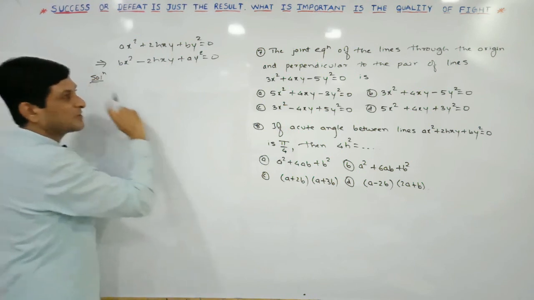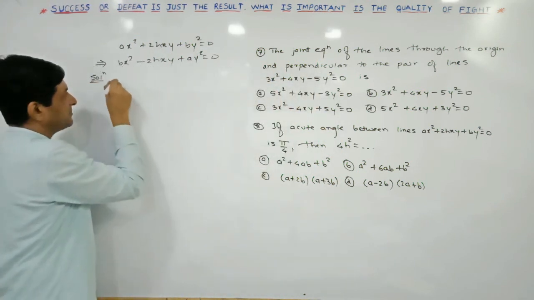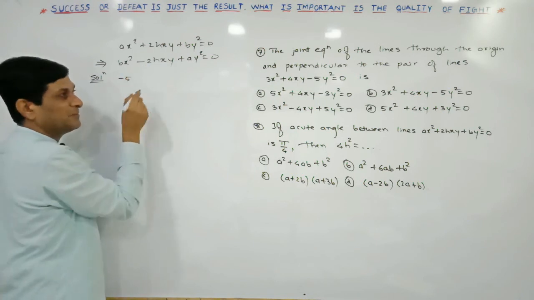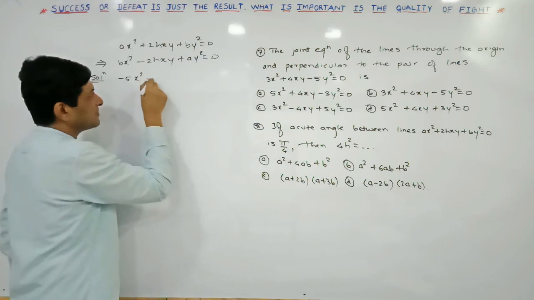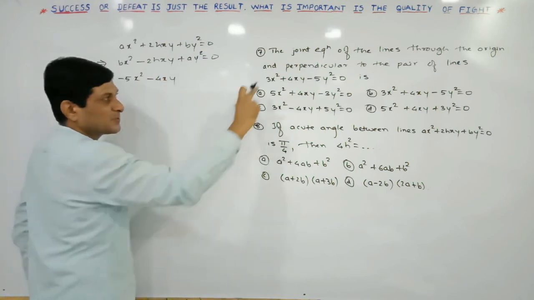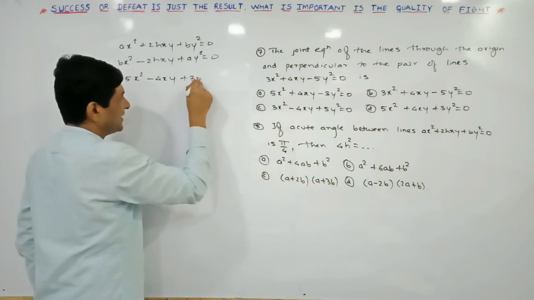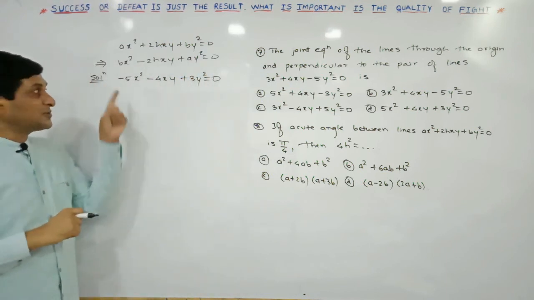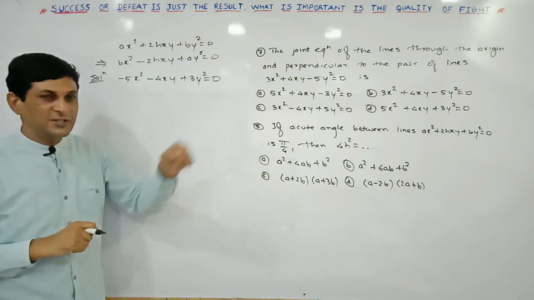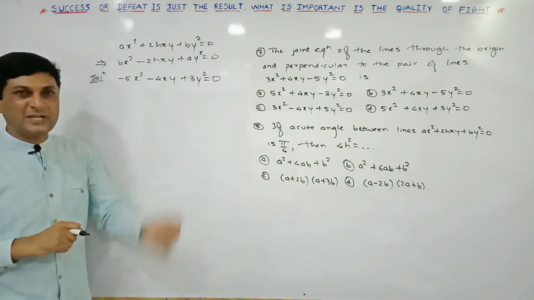Whatever the coefficient of y square is will become the coefficient of x square. Means now minus 5 will become the coefficient of x square. Here change the sign. Means what will we get? Minus 4xy. And what is the coefficient of x square? 3. Now it will become the coefficient of y square. So this will be our required answer. But here the coefficient of x square is negative, which is not given in the options. So to eliminate this minus, we are multiplying both sides by minus.